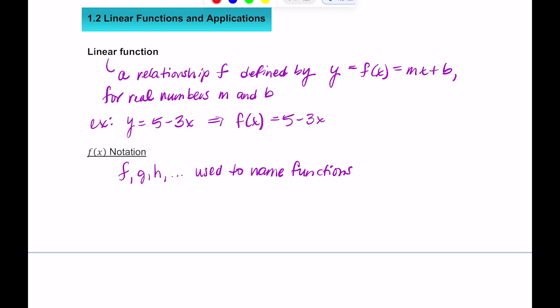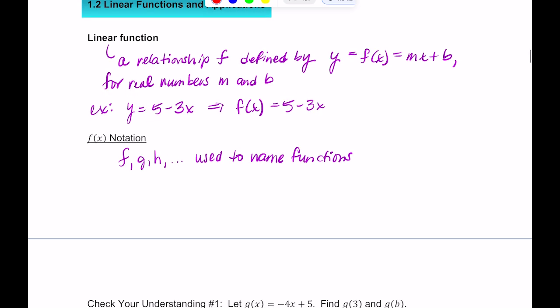It is a function of x, since x is the variable I'm using. If I was to talk about time being the independent variable, I might want to replace x with t, in which case this would need to turn into a t.